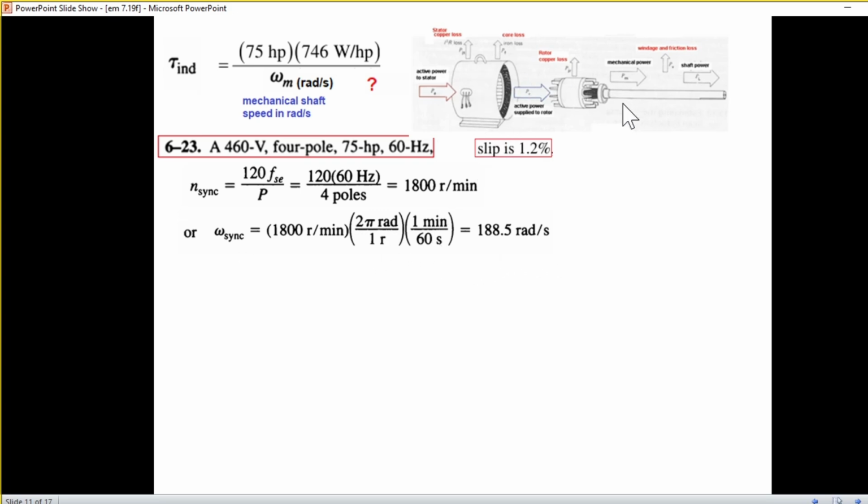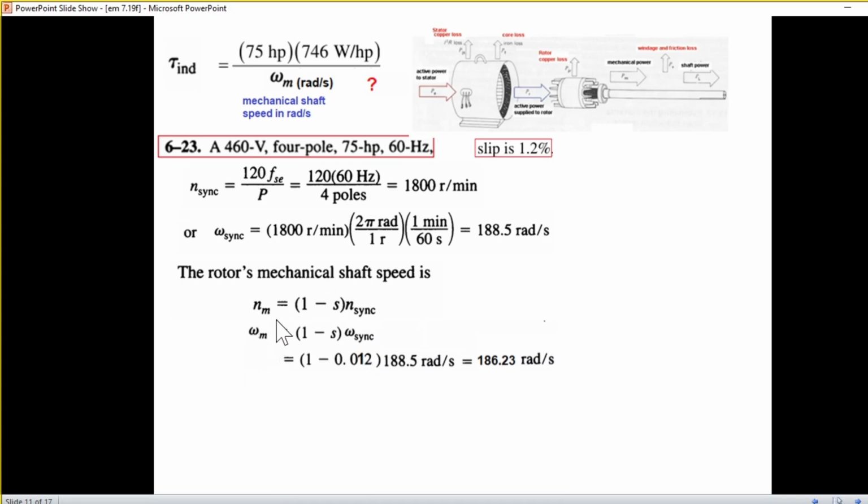We are here. Now the slip comes into play to find the rotor speed. So this will be slightly reduced from the stator speed, and it will be reduced by the amount of slip. So this is the formula that is used, that the mechanical speed is 1 minus slip times the synchronous speed. Also in terms of radians, we can say that omega m is 1 minus s times omega sync.